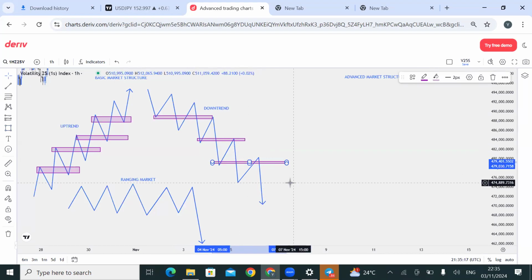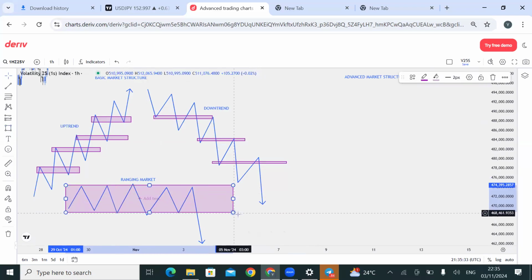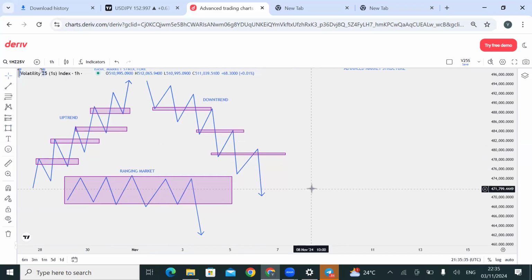So simply, as a beginner, what do you want to understand about trading? We have three types of structures: the uptrend, the downtrend, and the ranging market. Hold on a bit. Excuse me.